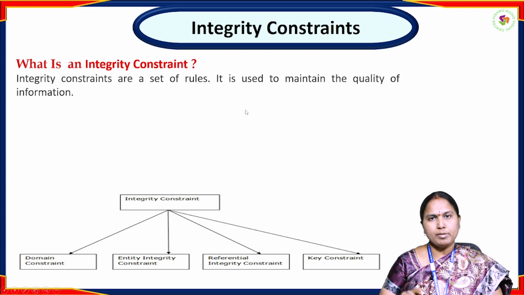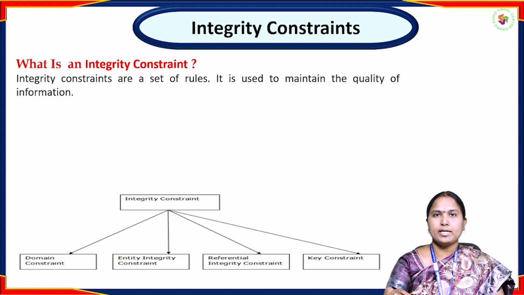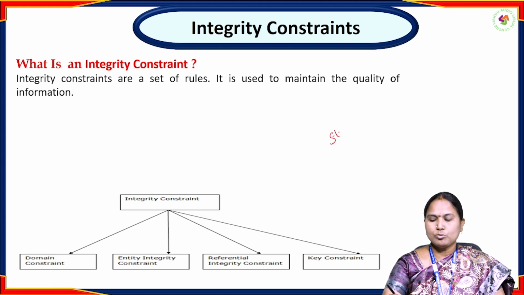So, what are the main factors included in the integrity constraints concept? Suppose we are maintaining a student database. In that student database, what are the main factors we have to include? Student roll number, student name. Suppose you consider these two fields as columns for the student database.